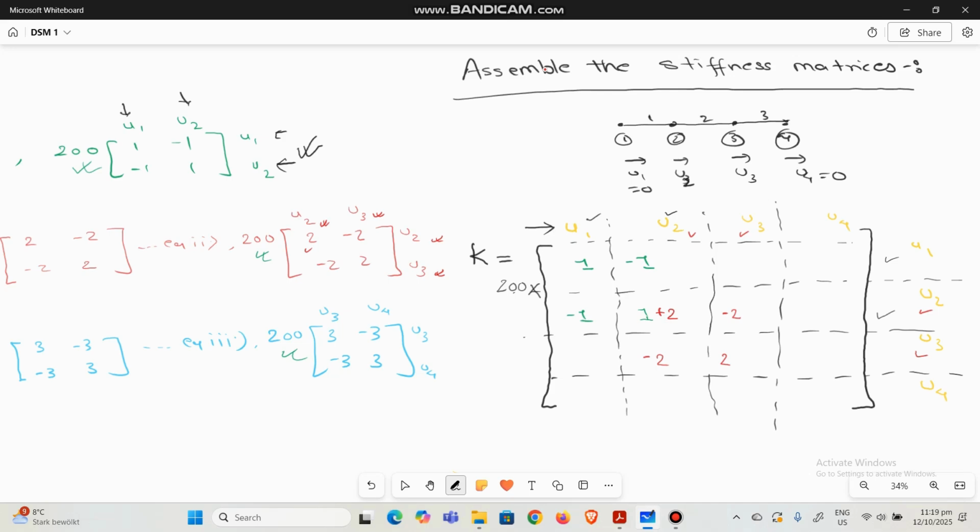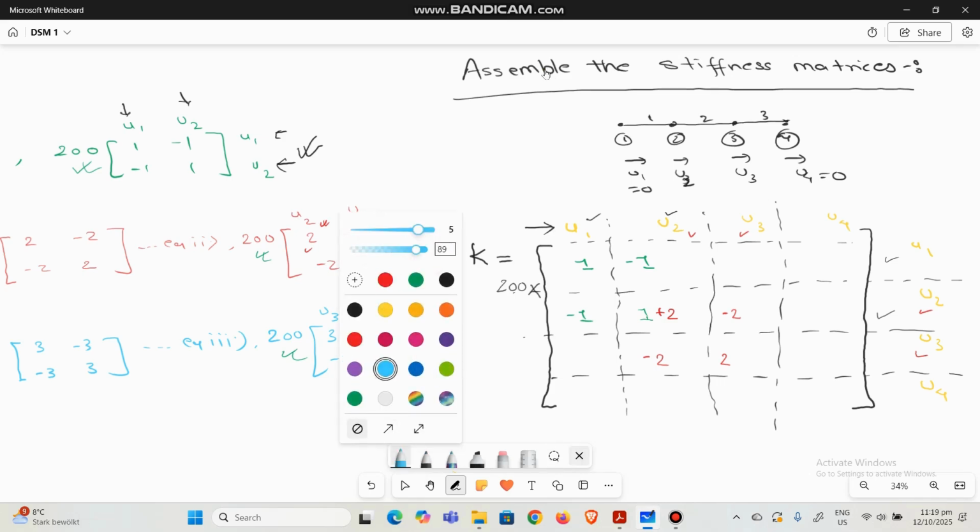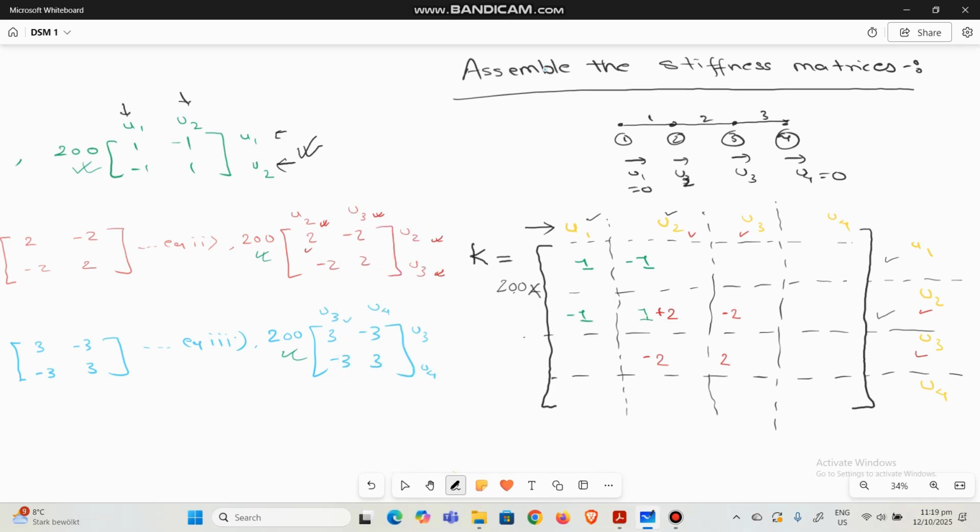So we go to the third element. For the third element, you can see we have u3, u4, u3, u4. So our point of interest is u3, u4 and u3, u4. The intersection between those leaves us with this space, this one, this one, this one, and this one.